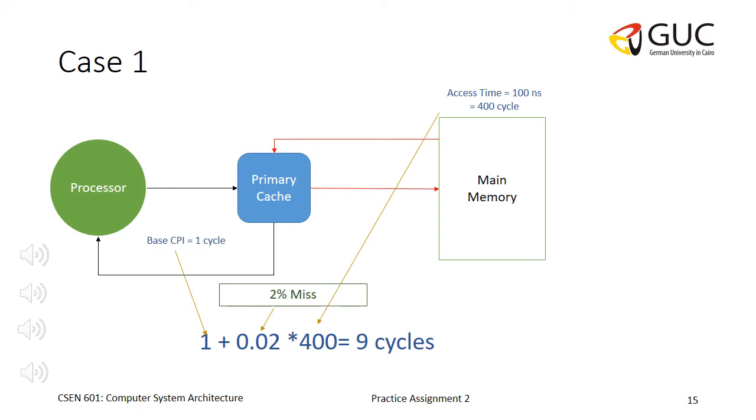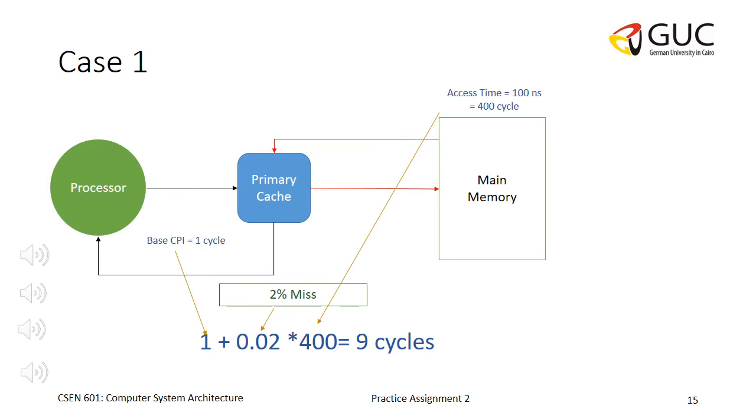We here need also to understand what is base CPI. Base CPI is the number of clock cycles taken by the processor to access some sort of data from the cache, and finding it in the cache without the need to go to the main memory. So this is like the perfect case scenario, when the processor goes to the cache and finds the data in the cache.